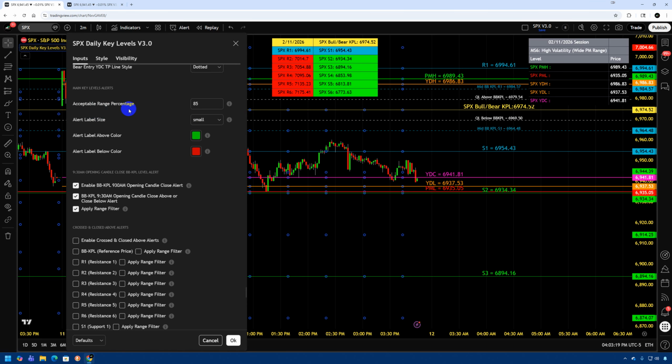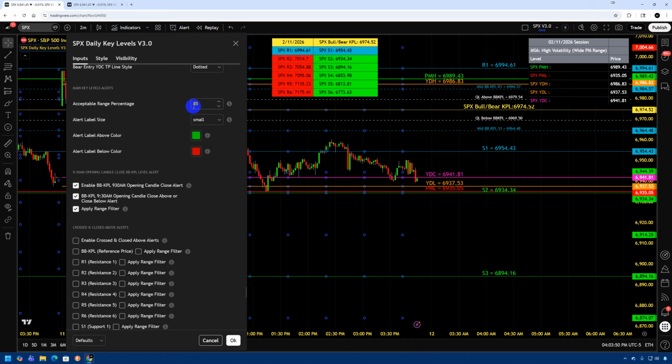So this acceptable range alert is an optional alert, however, it's typically best to apply the acceptable range percentage filter on your alerts. That's completely up to you, but we would certainly recommend that you use it. The maximum that you should normally set this to, and this is what it's set to, is 85%.